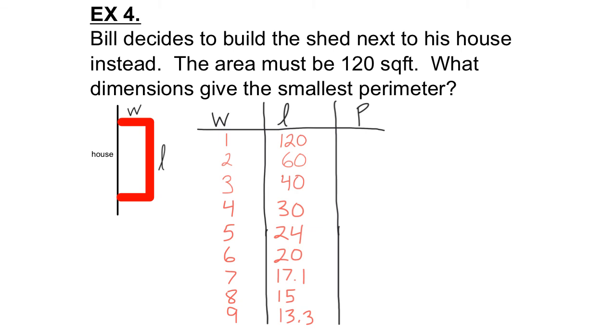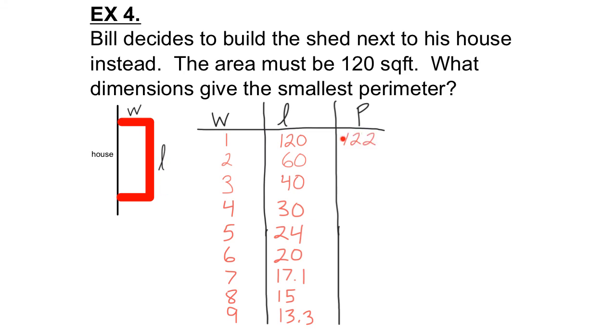At a certain point you want to stop though and actually calculate what the perimeter is. So let's go back. If the width was 1 and the length was 120, what would be the perimeter of these 3 sides? Don't forget you have a width here and a width here. So we have to do 1 plus 1 plus 120.